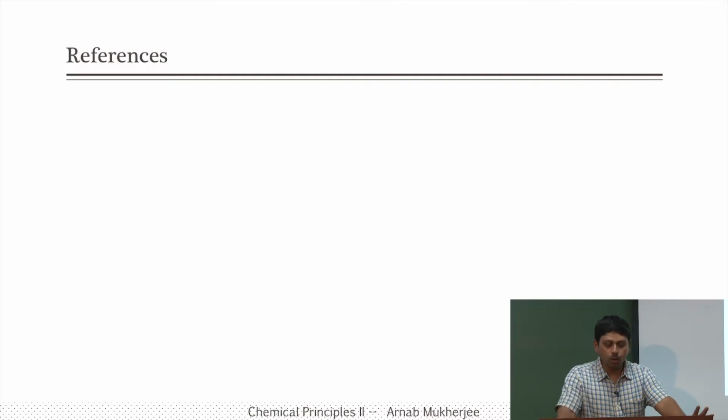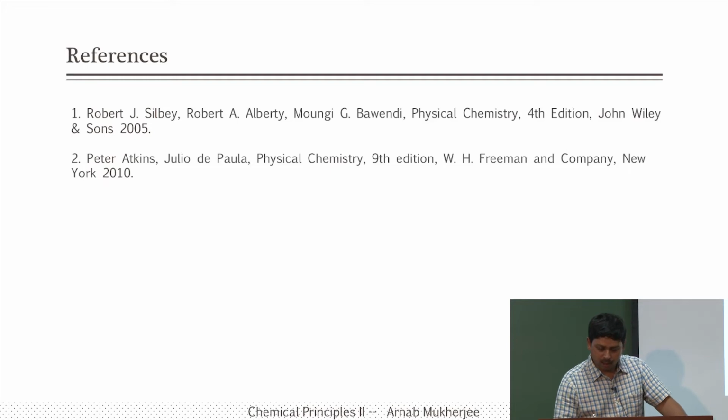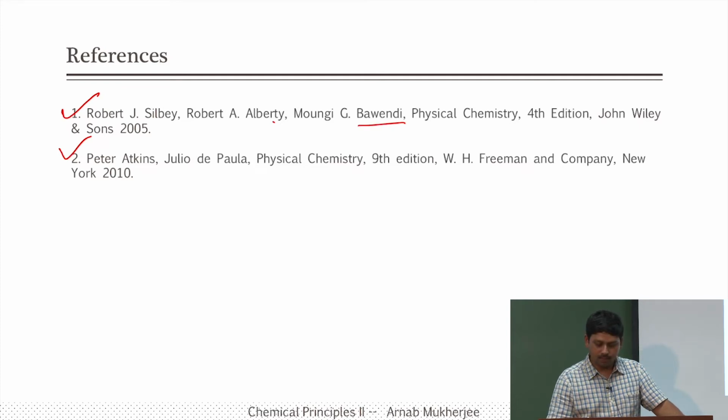In this particular course, we are going to use some books that I am going to mention. One book is Physical Chemistry by Silbey, Alberty and Bawendi, and another one is by Atkins.